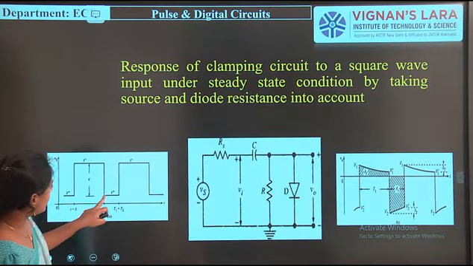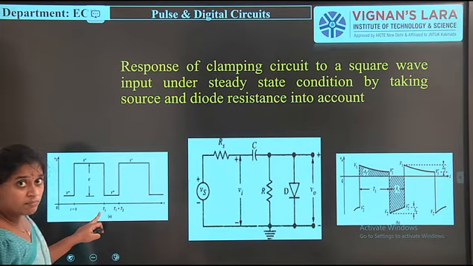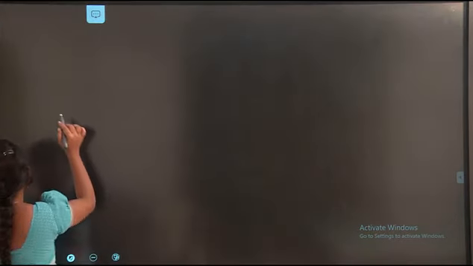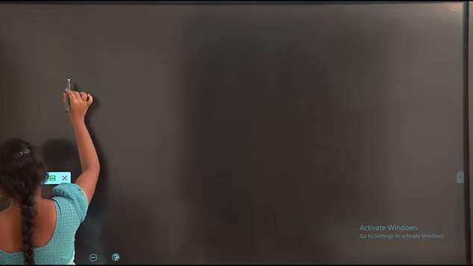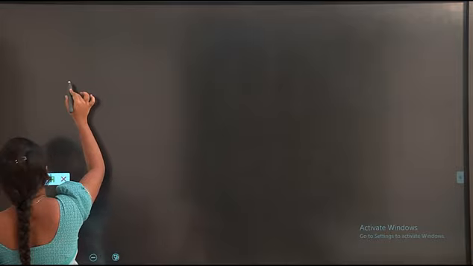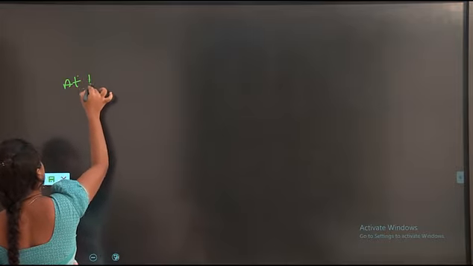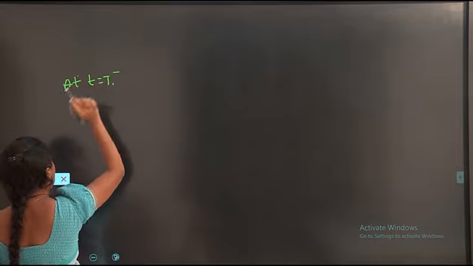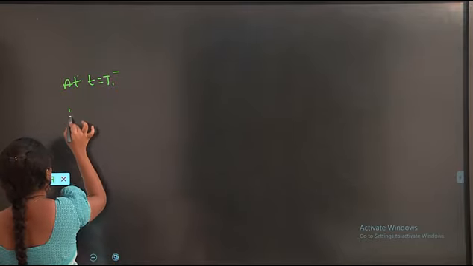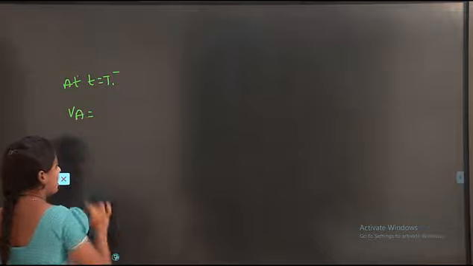So what is equation number 5? Equation number 5 is nothing but at t equal to t1 minus condition. At t equal to t1 minus condition, the input will be a square wave signal, and the output is VA equal to, so what is the VS?